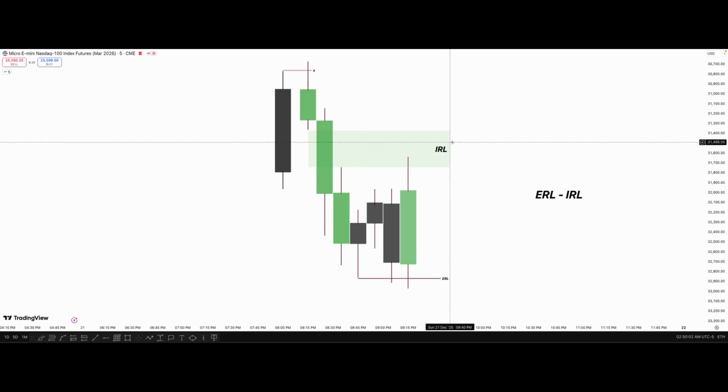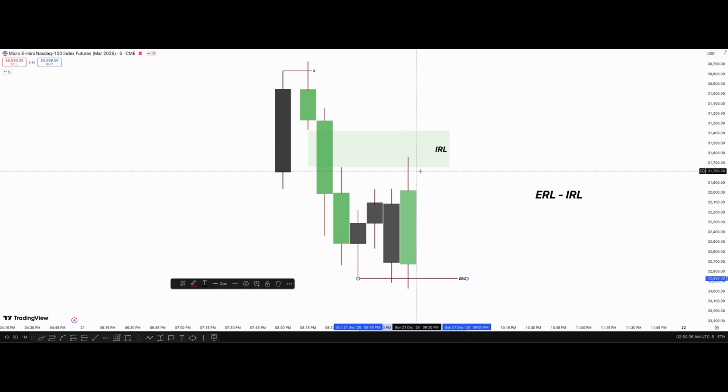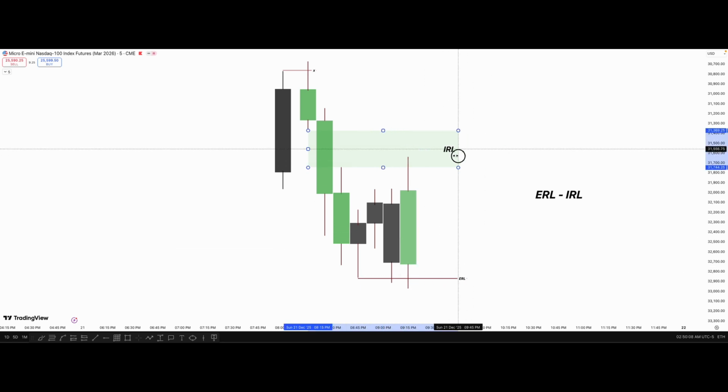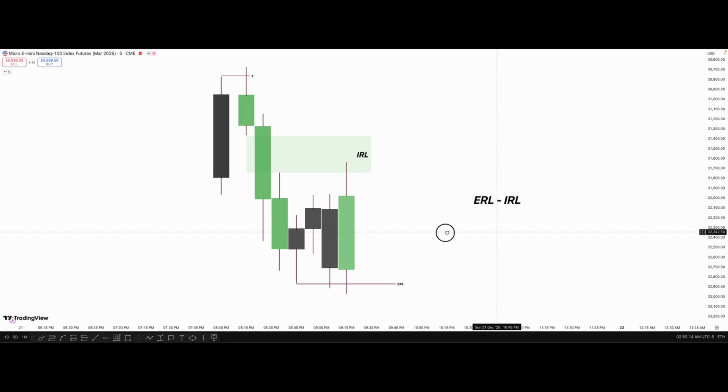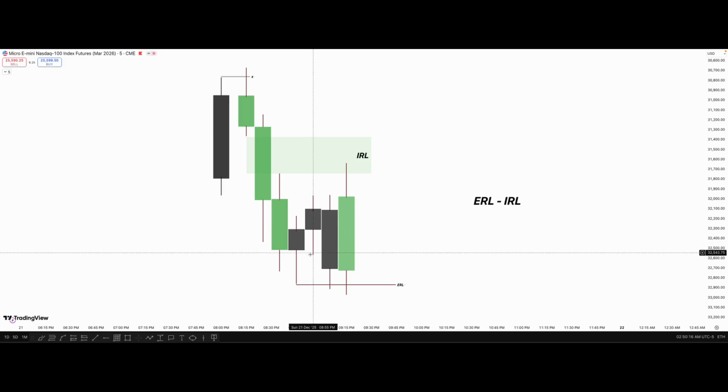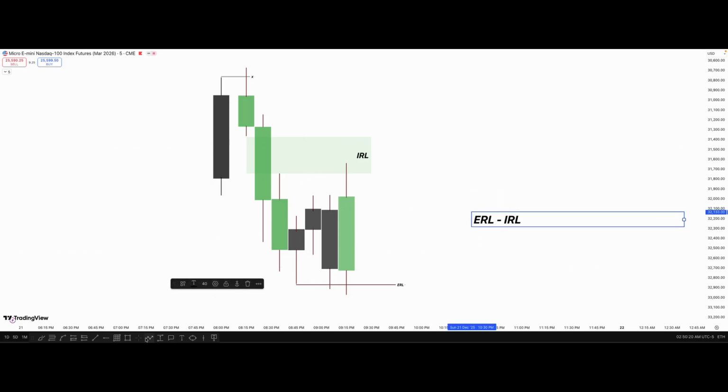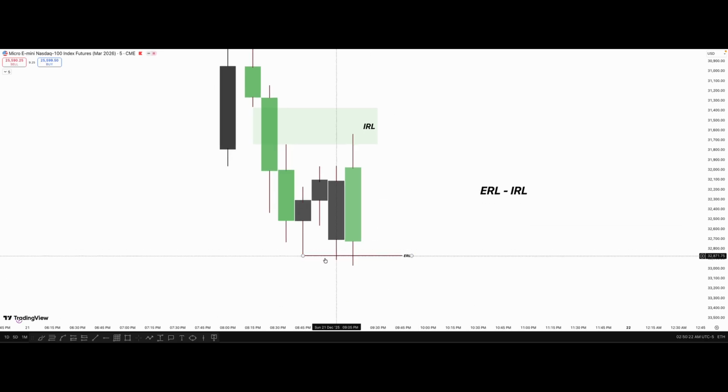The price fails to take out the internal range liquidity, comes down, takes the ERL first, and then goes back up to take what? Your internal liquidity, right? So this is your ERL to IRL, which is your expansion and then your retracement. It's the same thing I showed earlier, but a different variant, where your ERL gets taken out first, and then from your ERL it goes back to your internal liquidity.